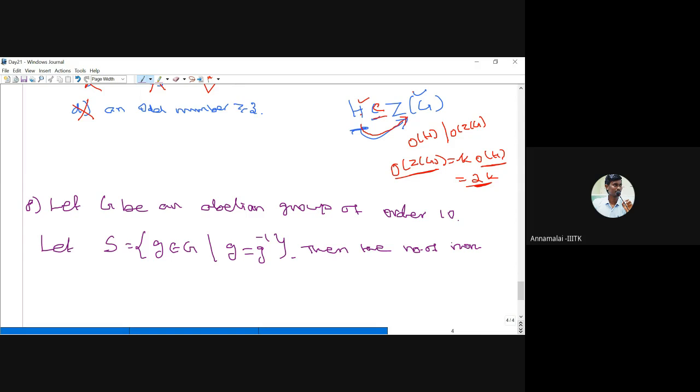But this S contains the identity element, so except the identity element, what are the other elements? What is the number of non-identity elements in S? How many elements satisfy the condition G equal to G inverse? G equal to G inverse means, multiplying both sides by G, we get G square equal to identity.